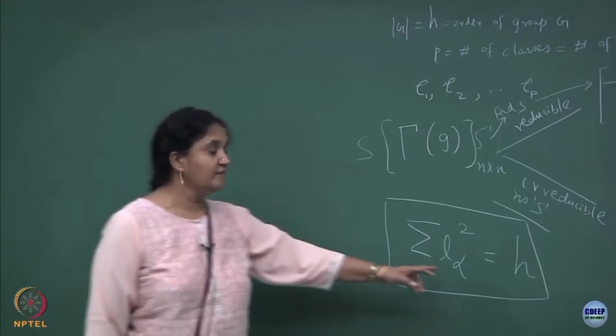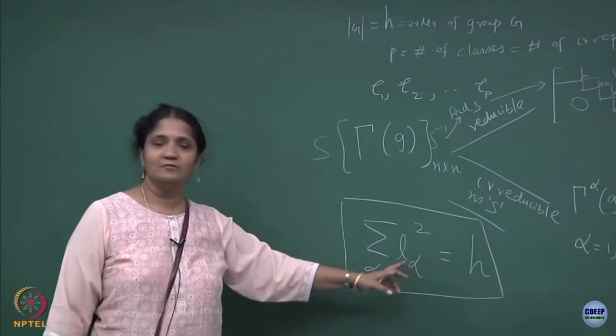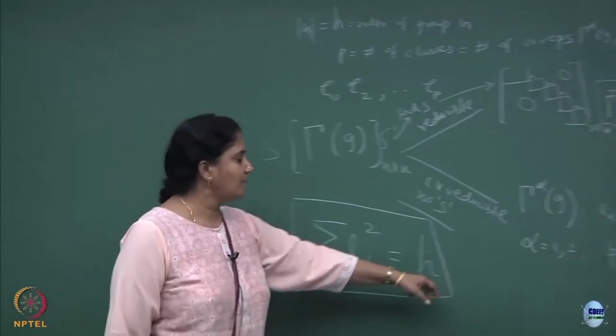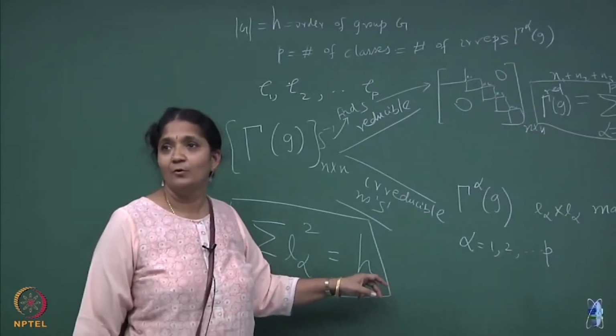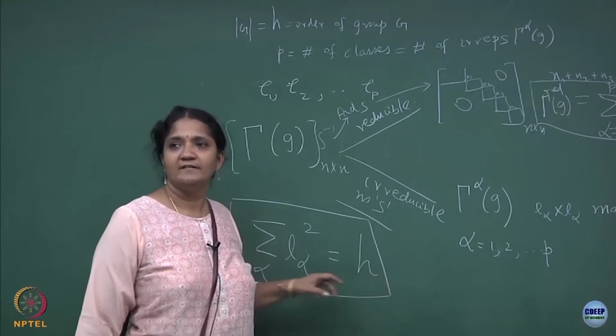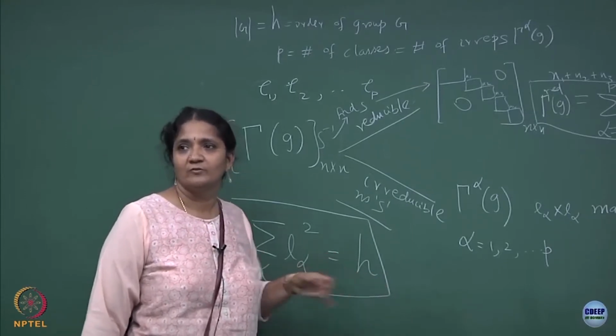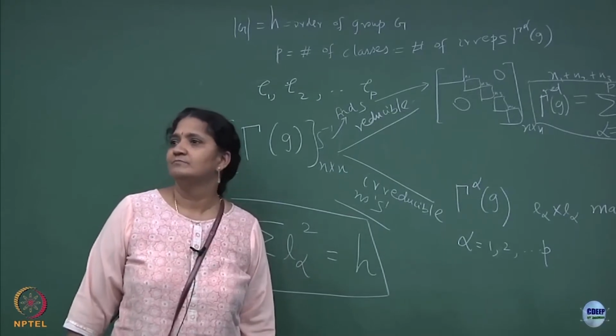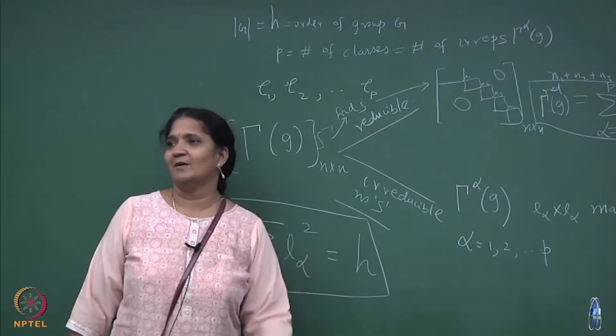So, L alphas are integers and squares of those, if I have positive integers, squares of them is constrained by the number of elements in that group, and it is a very easy problem to find what are those integers. There will not be more than one solution. Okay, there will be only strictly one solution.